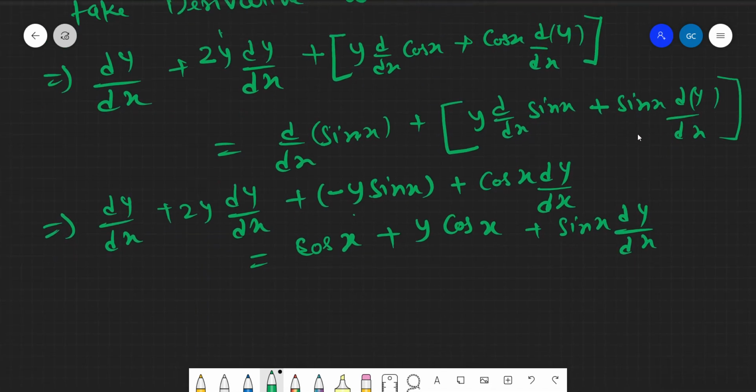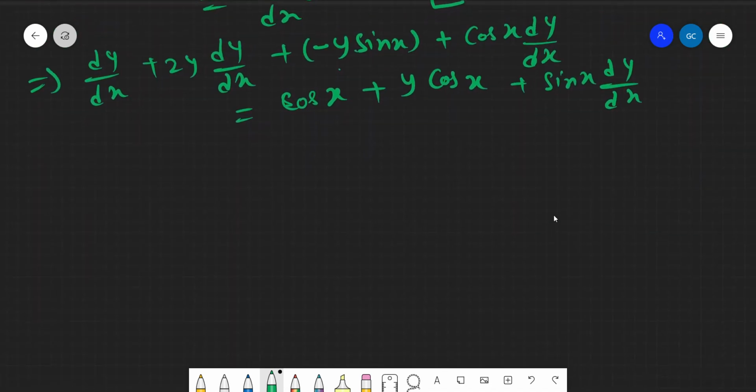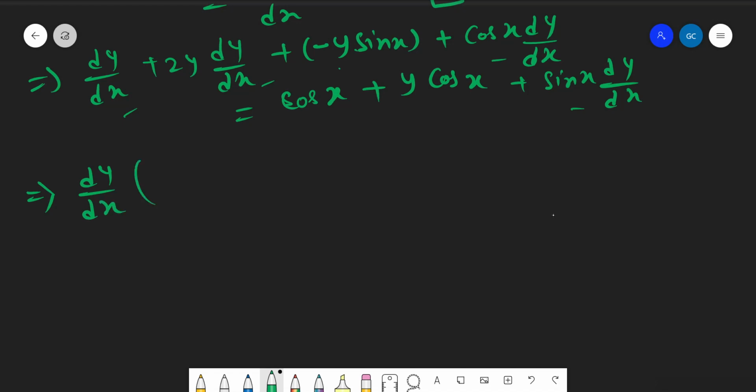Now what we have to do is arrange the dy by dx terms on one side and all other terms on the other side. So dy by dx, dy by dx, dy by dx, and dy by dx. If I take dy by dx common, it will become 1 plus 2y plus cos of x, and on the other side it will become sine of x, right?